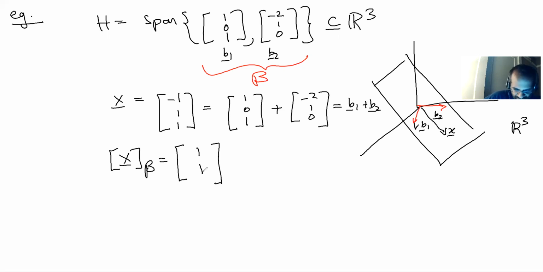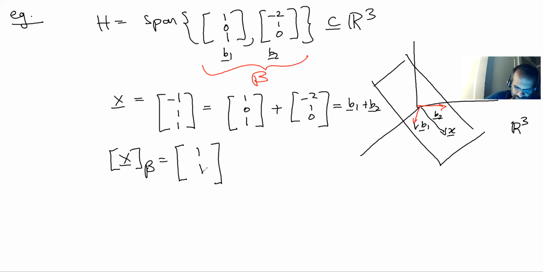Okay, so this is another reason, certainly in applications, if you do later on in whatever area you're studying, that bases are important. If you know a vector is in a subspace, you should need less information to tell me where it is, right? Because you already know it's in the subspace. And so in general, the number of entries of a coordinate vector of a vector in a subspace with respect to a basis of that subspace will be equal to the dimension of that subspace, not whatever the ambient dimension is.